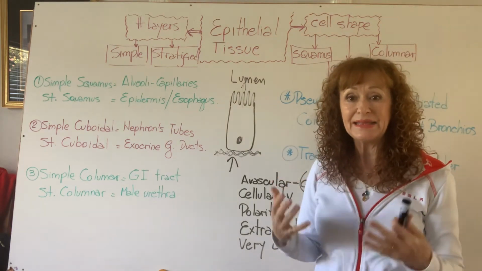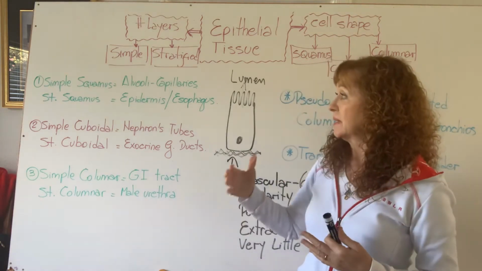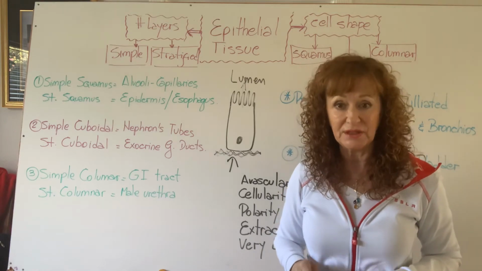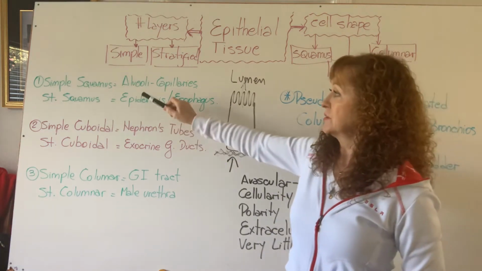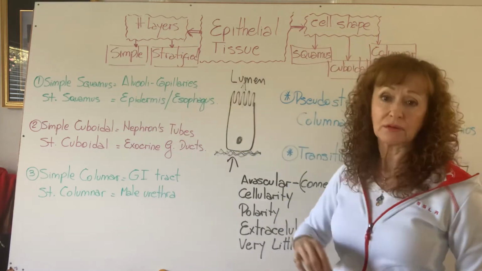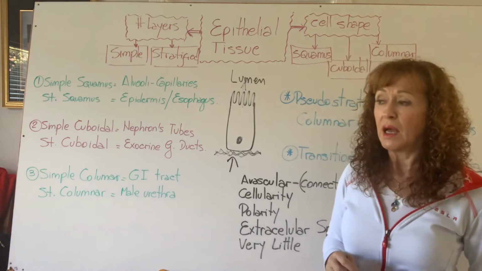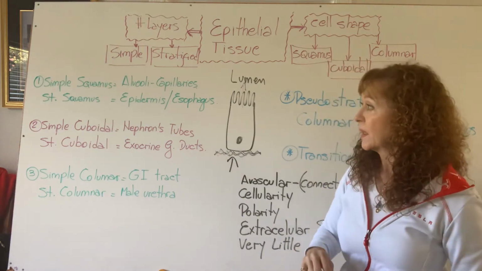And there are two actions that take place in the simple squamous. One is diffusion, the other one is filtration. Pure diffusion is used in the alveoli, and any type of capillaries in our body are used to produce filtration and diffusion.